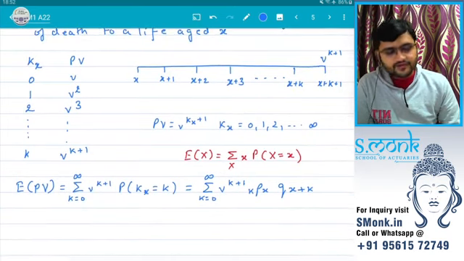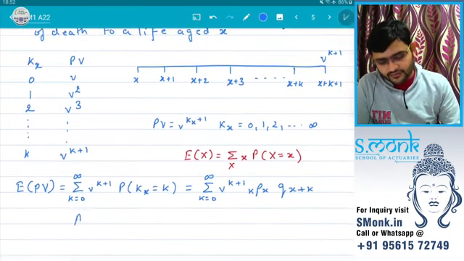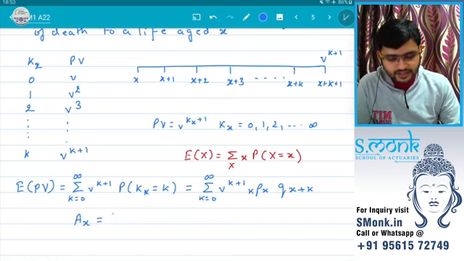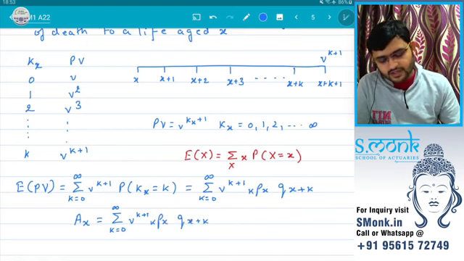And we write it as a symbol of capital AX. Capital AX is summation k going from 0 to infinity v raised to k plus 1 kpx qx plus k.